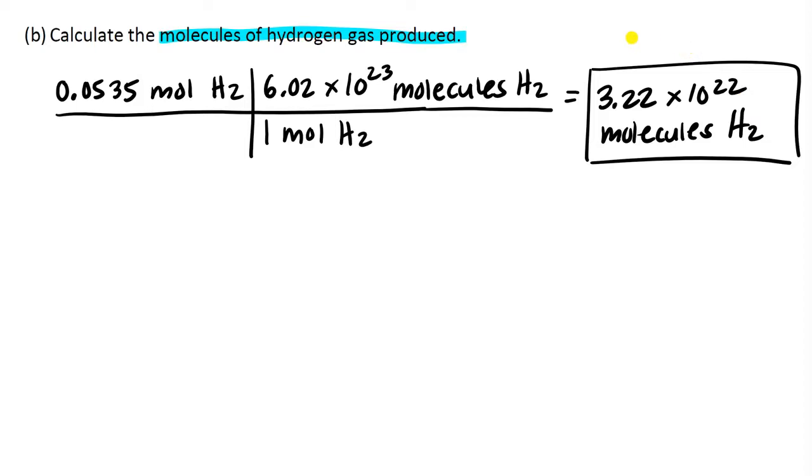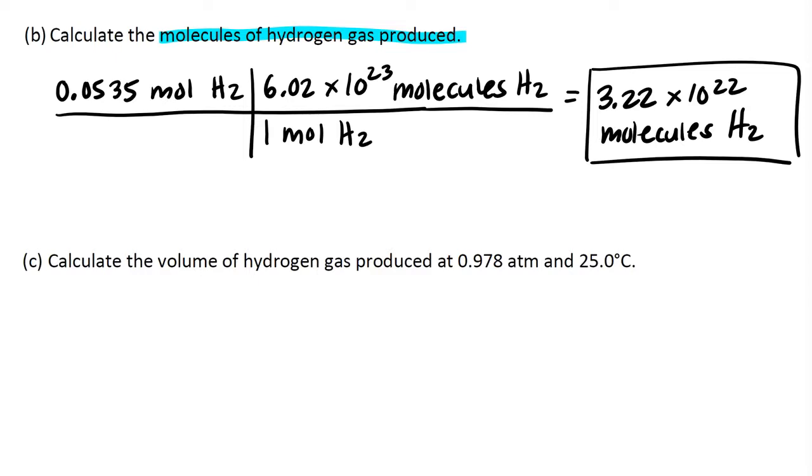Well, what if they wanted me to calculate the volume of the hydrogen gas produced? Like in part C here, they want me to calculate the volume of hydrogen gas that's produced. Well, if you know the moles of the hydrogen gas, and they're telling you here the pressure of that hydrogen gas in atm, and the temperature, 25 degrees Celsius.